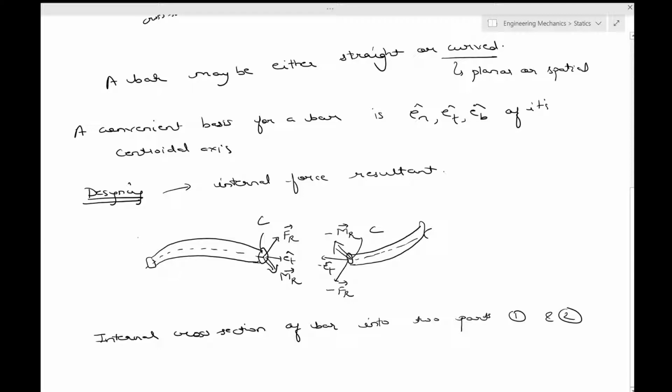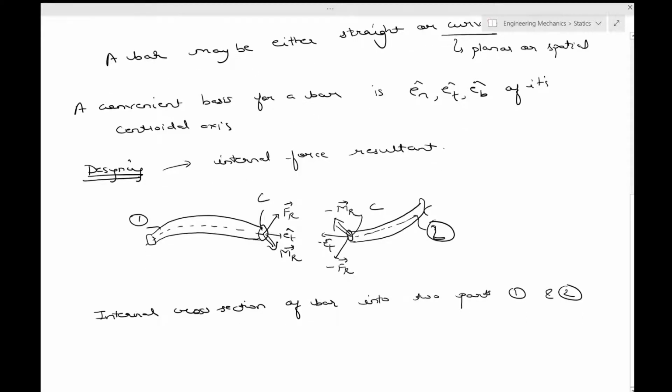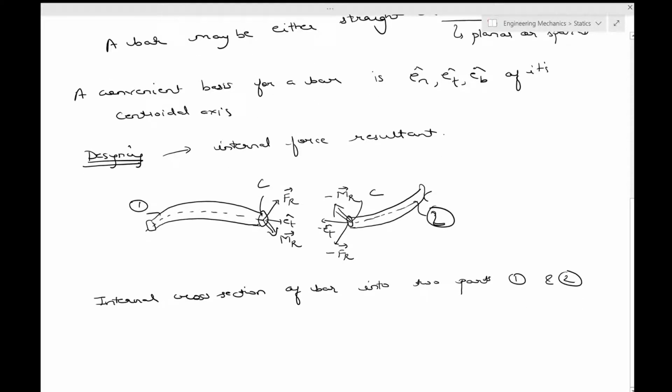So this is the first part, this is the second part. Now we have this coordinate S. So what you see in front of you on the screen is the so-called free body diagram.